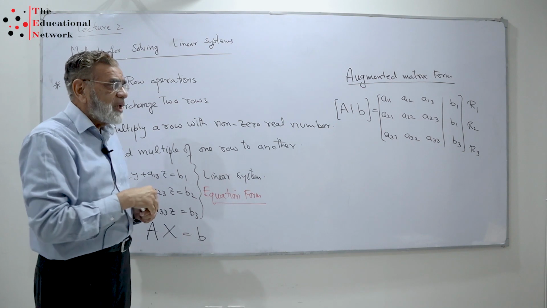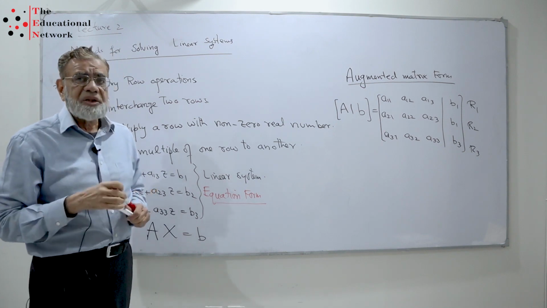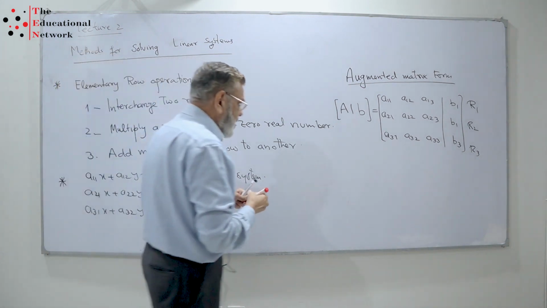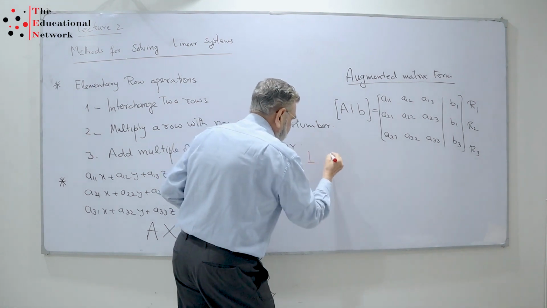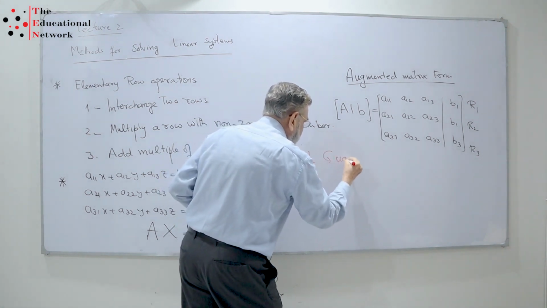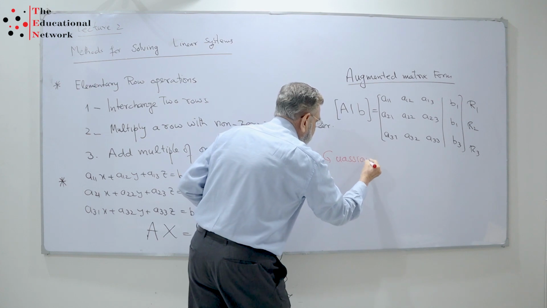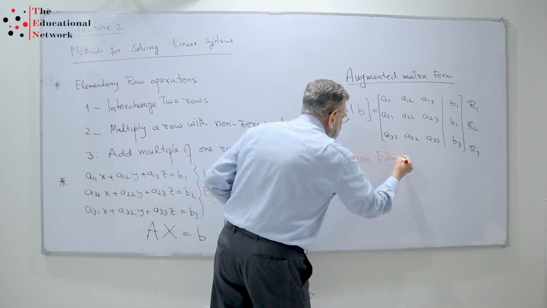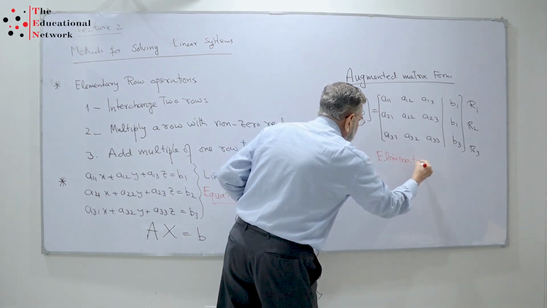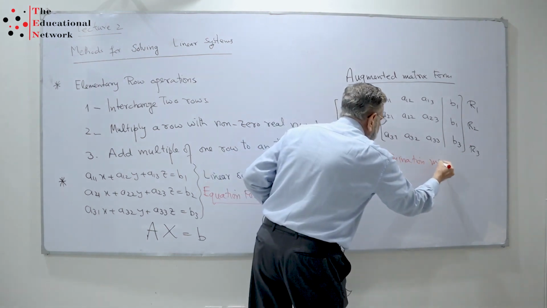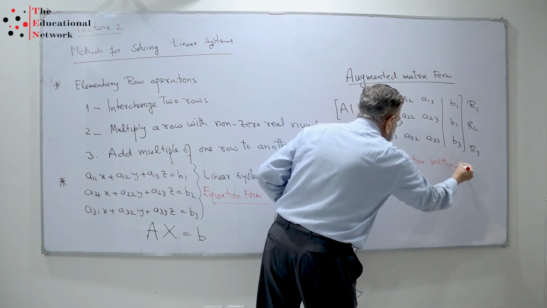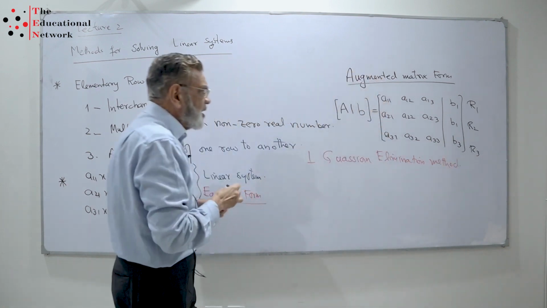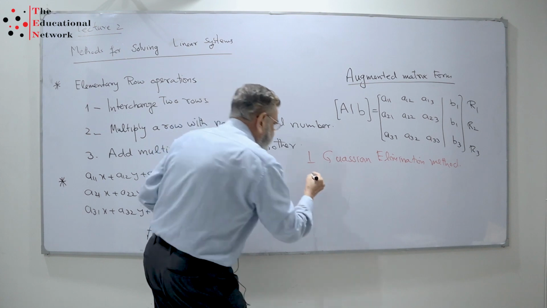And here we go to our new discussion, where we discuss two methods. Method 1 is the Gaussian elimination method. In the Gaussian elimination method, this is our matrix, which is the augmented matrix. We change this matrix to this form.